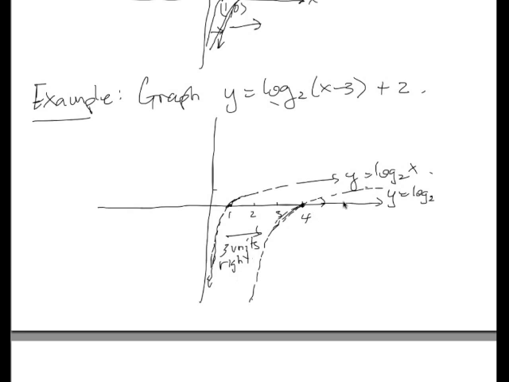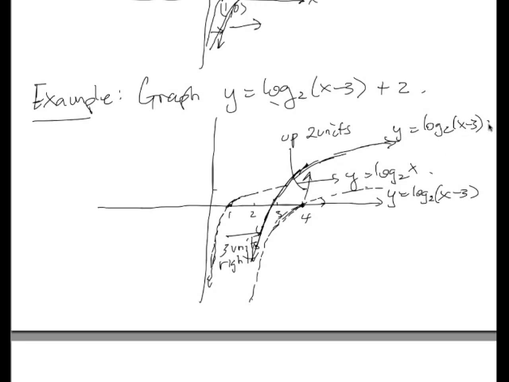Right, now what does the plus 2 do? Well, it takes this and it goes up 2. So we're going to shift everything up 2. So everything is up 2 units. Like this, so this is y equals log in base 2 of x minus 3 plus 2. Okay?